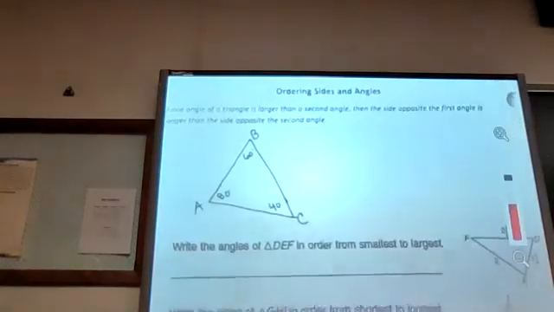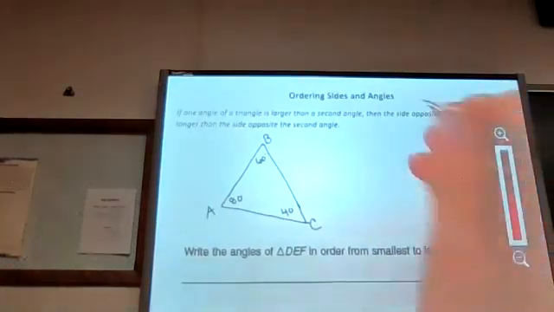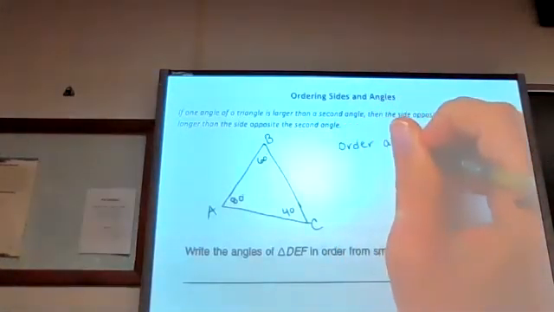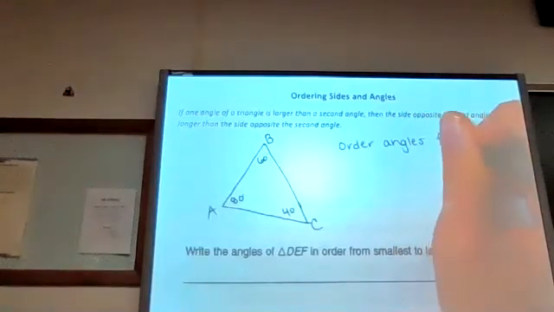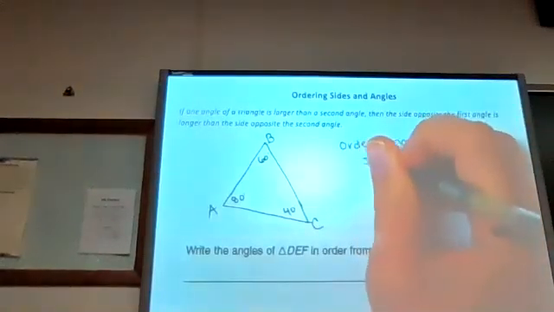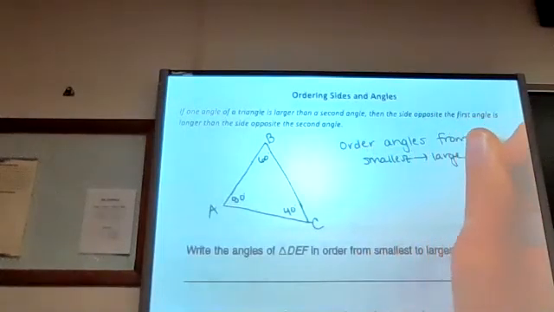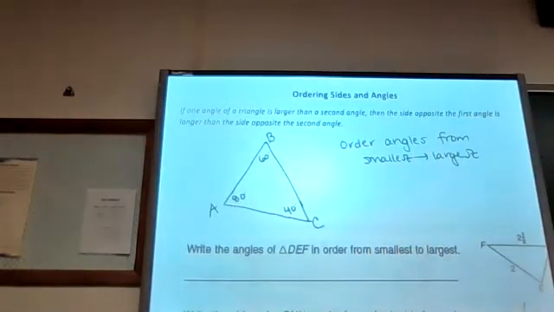So here's triangle ABC. Now, it would be no big deal for me to ask you to order the angles from smallest to largest.